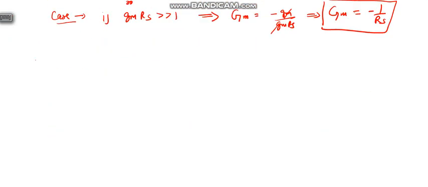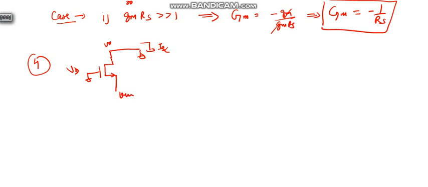Now the next case we will consider is this type of configuration. So this is VO, the output, we make it ground, this is ISC current, and this is some bias, so we make it ground, and we are applying V in here. In this case we need to find out what our Gm is. This current is ID, so ISC plus ID equals 0.